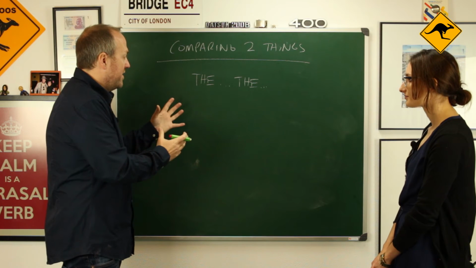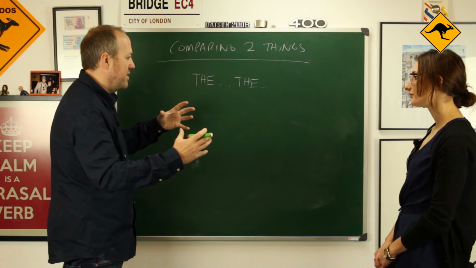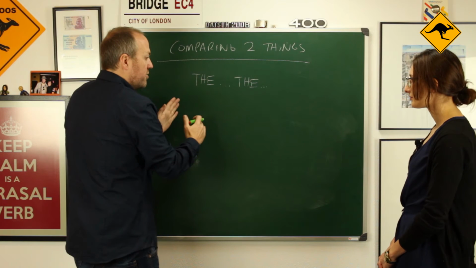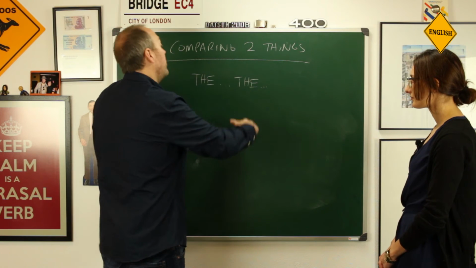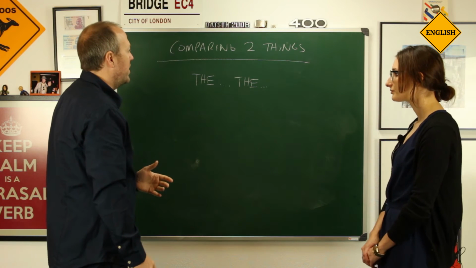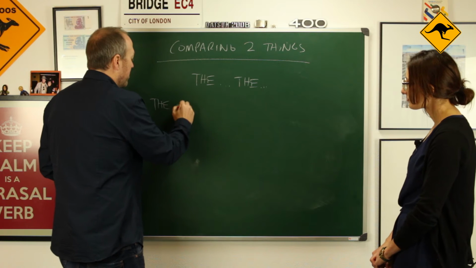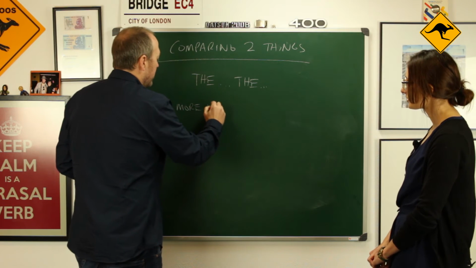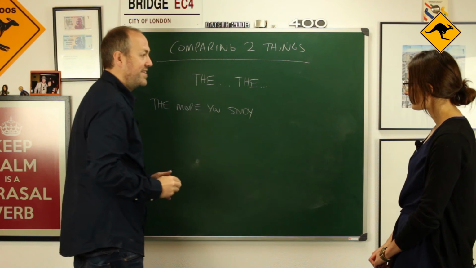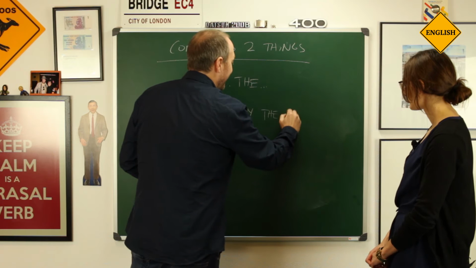This one I'm going to call a parallel comparison, because when this one increases or decreases, this one also increases or decreases the same amount. So we could say, for example, the more you study, the more you learn.